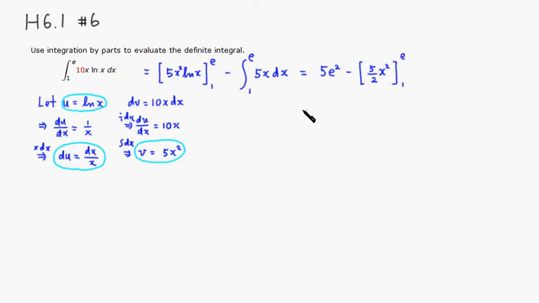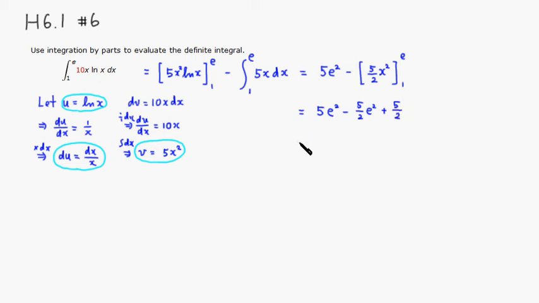So this is going to be equal to 5e squared minus, plugging in e, 5 halves e squared. Then minus, but there's a negative sign, so it's going to be plus, plugging in 1, just 5 halves.